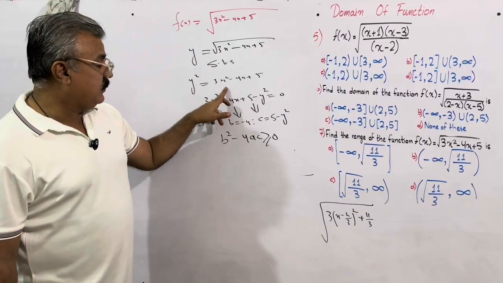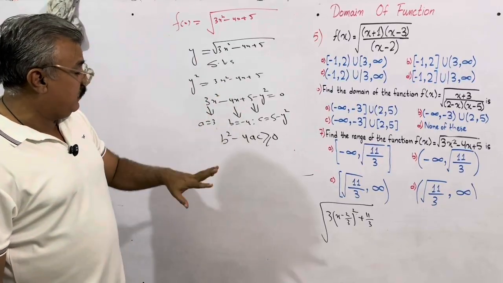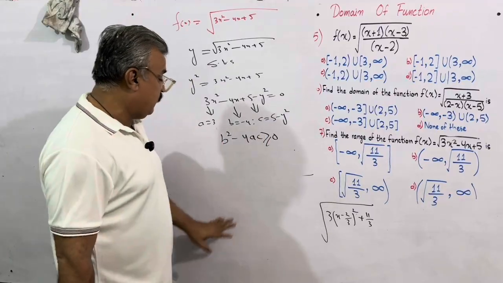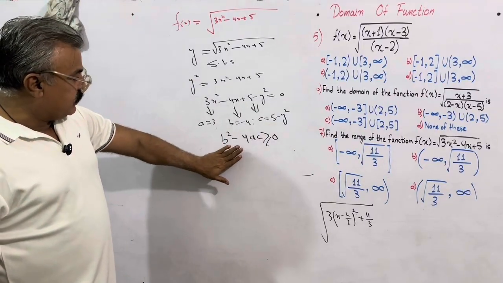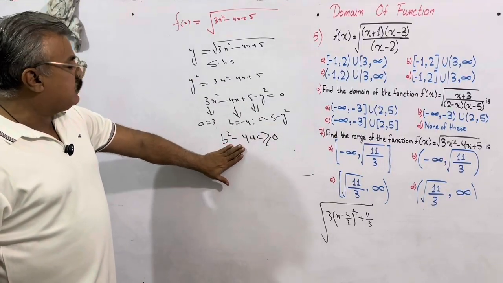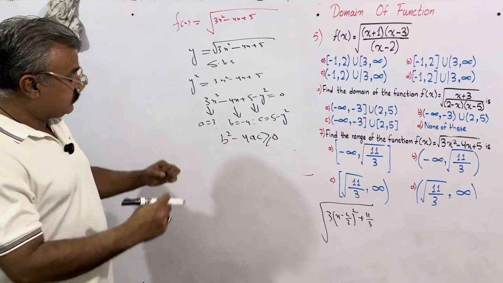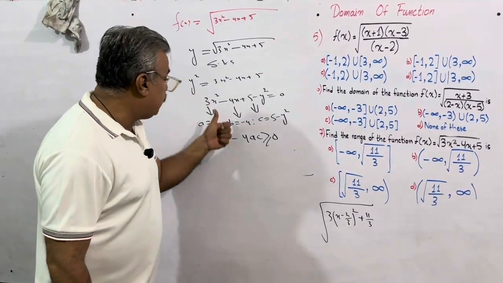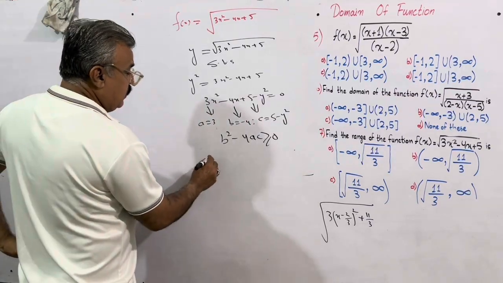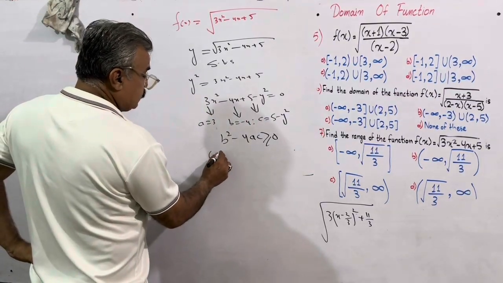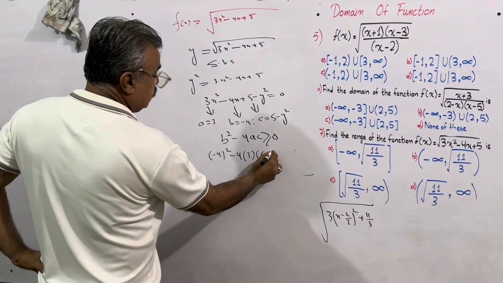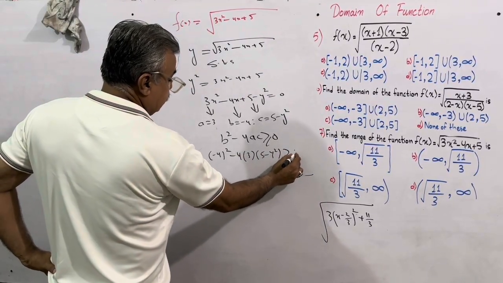For real x, we are finding the corresponding value of y. We are interested in real values of y, so we switch to this discriminant, because b square minus 4ac greater than or equal to 0 means we are on the safe side that it is valid when x is real. Plugging in the values, minus 4 squared minus 4 times 3 times 5 minus y squared is greater than or equal to 0.